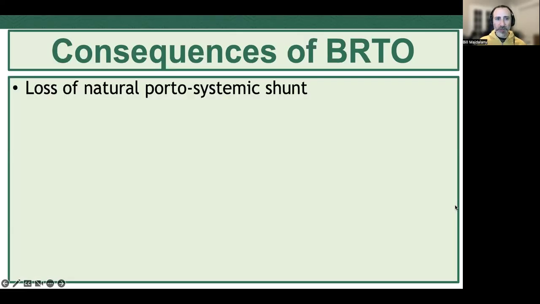The consequences of BRTO ultimately are that we intentionally lose a natural portosystemic shunt. These portosystemic shunts are redirecting portal flow into the systemic circulation and serving as a conduit of decompression.